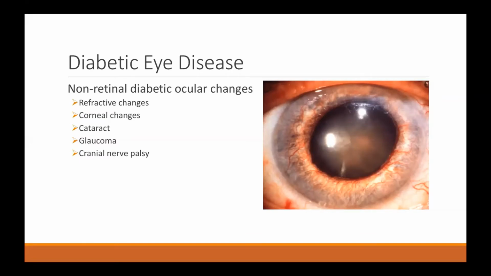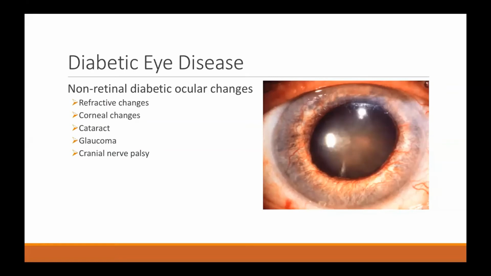And that's due to the increased thickness and curvature of the lens. You also get corneal changes. So this is where the cornea takes longer to heal and has decreased sensitivity. So it's particularly important to think about this when fitting patients with contact lenses as well, and the increased risk of contact lens infections, etc.